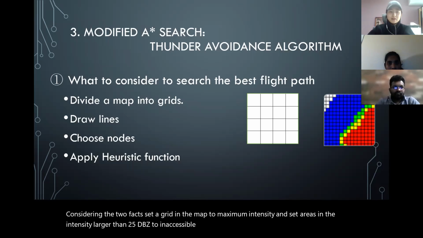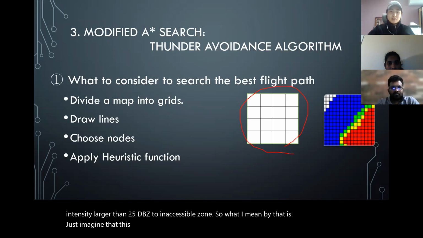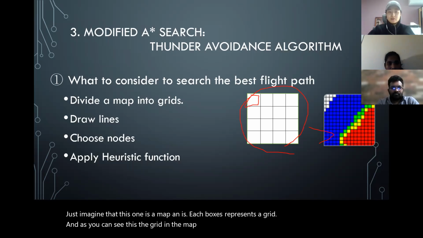So what I mean by that is, just imagine that this is a map, and each box represents a grid. As you can see, the grid in the map is much bigger than the grid in the radar image.